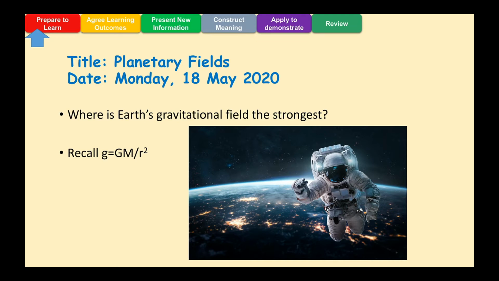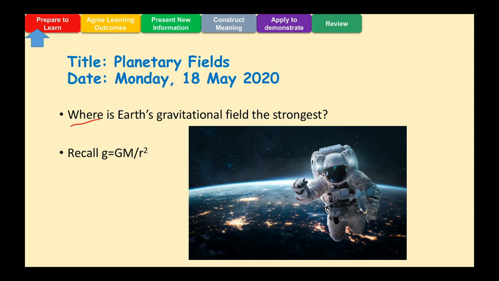Okay, so if we look at this, we cannot change G. We cannot change the mass of the Earth, at least not by any significant amount. And so that means that where we are is entirely related to this r squared. Well, because we're dividing by r, a bigger r means a smaller gravitational field strength.